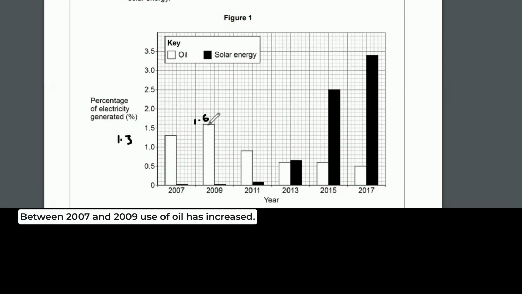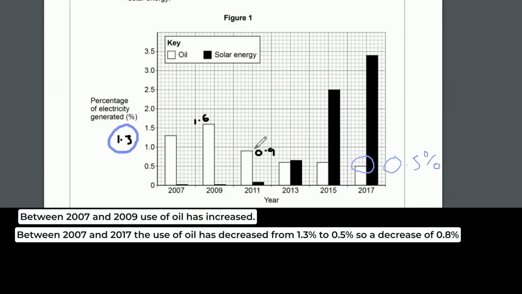Now we can also say, however, the amount of oil used decreased after 2009, and then we can back that up with numbers. You could use any pair of numbers here. So we could say from 2009, it went from 1.6 to 0.9 in 2011. That is a 0.7% decrease.